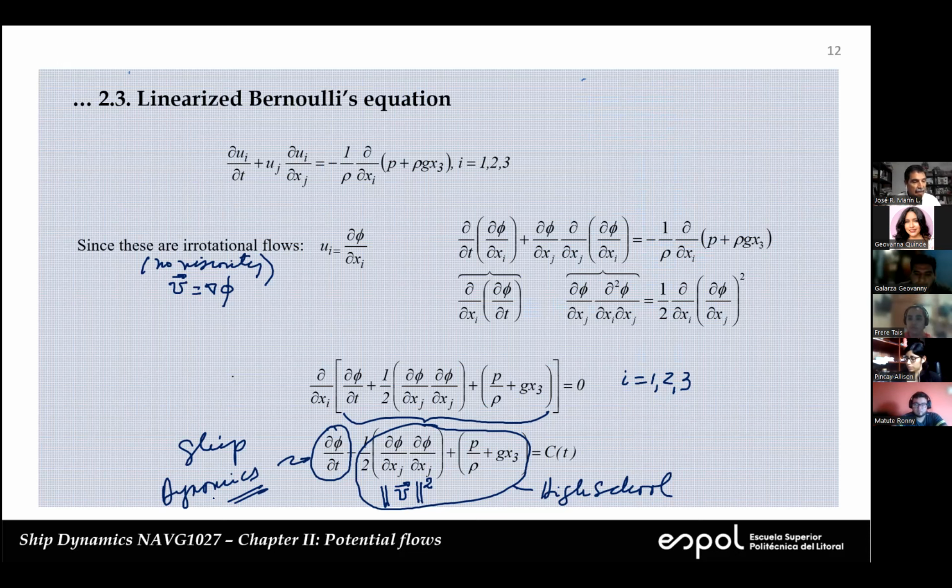You have to be alert, because according to the characteristics of the example that you want to solve, you can discard certain terms.